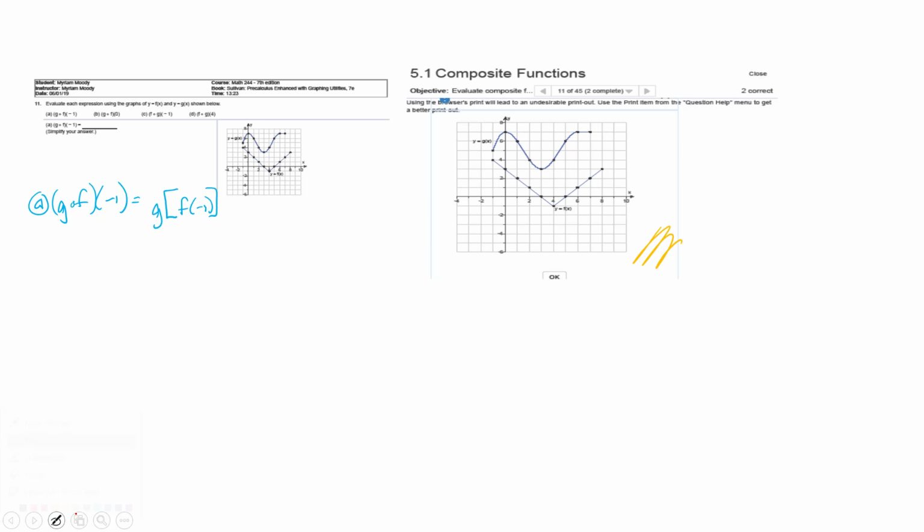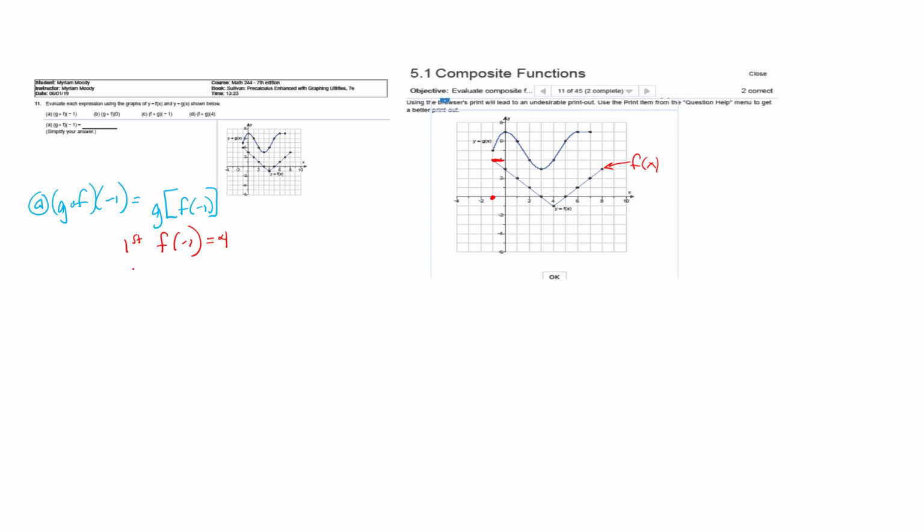Well, again, first things first, I need to look inside the parentheses, and the first thing I need to figure out is F of negative 1. Well, let's go over here. F is this one right here. This is the F of x. And negative 1 is my x. And when I look at the f function, the y value I get is 4. So f of negative 1 would be equal to 4.